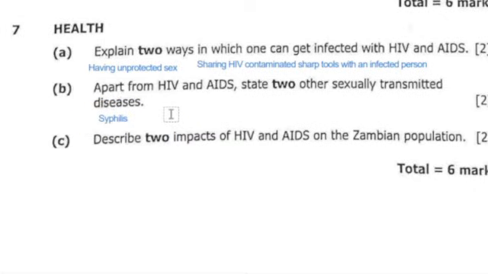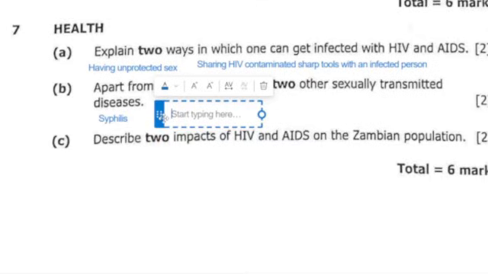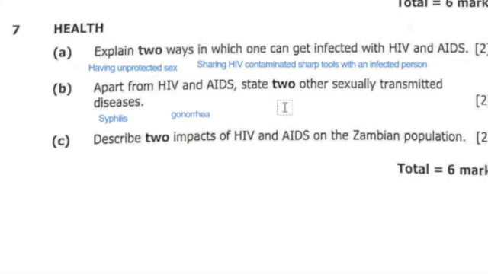The other one is gonorrhea. Those are not the only two diseases you can contract.